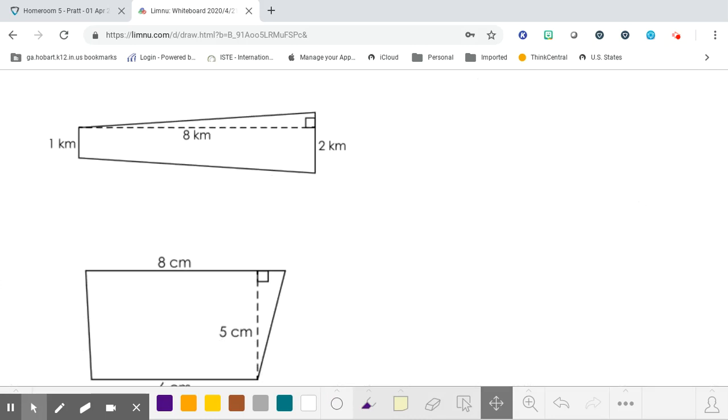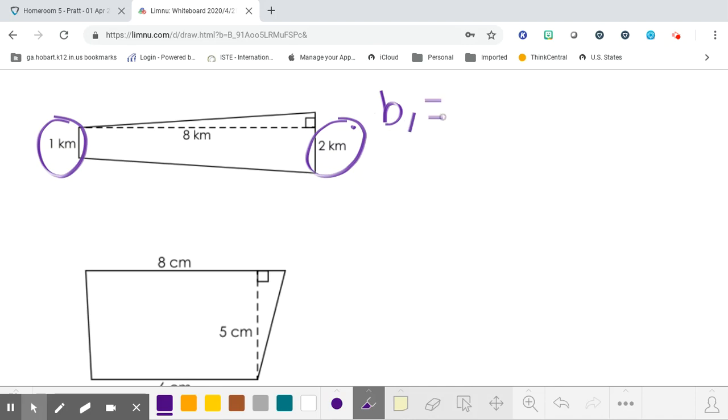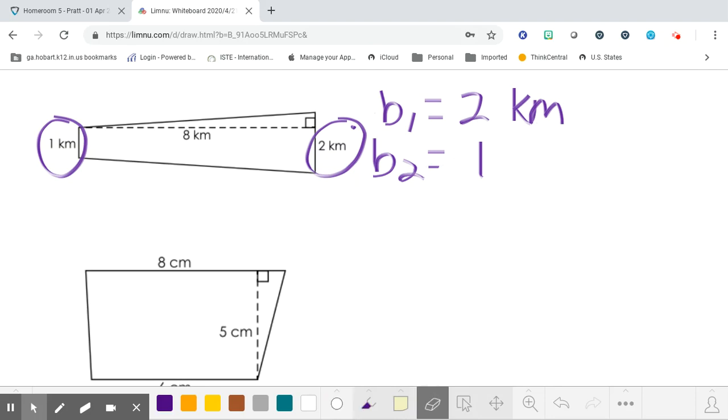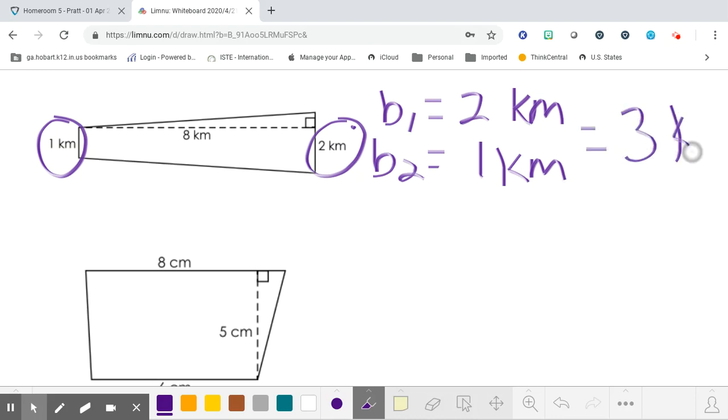Okay, so let's do an example. So here I have a trapezoid. So this would be base 1, base 2. We're going to add base 1, 2 kilometers, and base 2 is 1 kilometer. Okay, so we're going to add those together, and you get 3 kilometers.